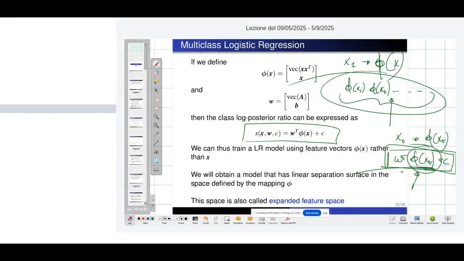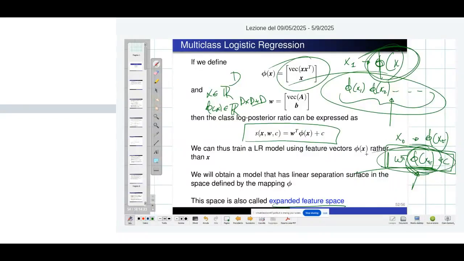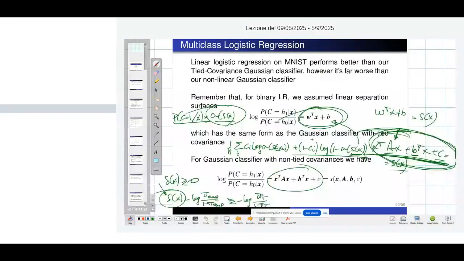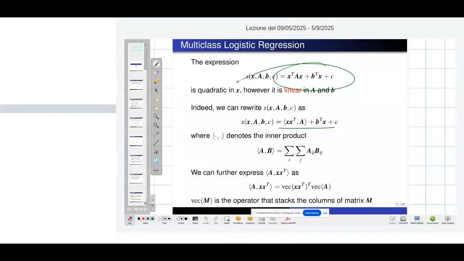Phi of x is also called the expanded feature space, because it's a feature space that typically has a much larger dimension than the original feature space. For example, here if x is in R to the power d, phi of x will be in R to the power d times d plus d more. A linear model in phi of x is the model that I will use, but this linear model actually corresponds to a quadratic separation rule in the original feature space.